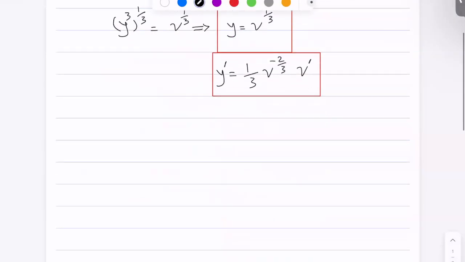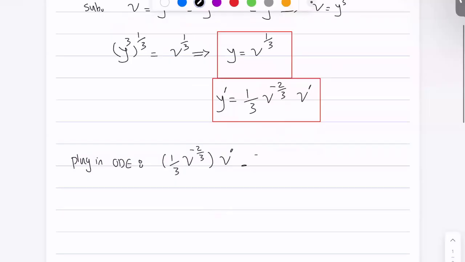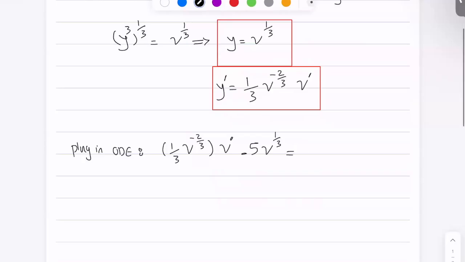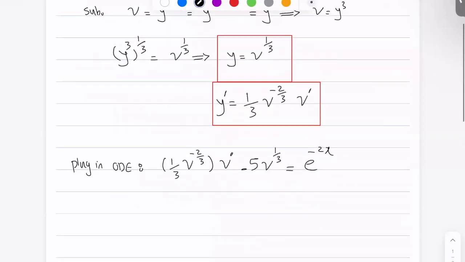First we have y prime, which is 1/3 v to the negative 2/3 times v prime, minus 5y, so minus 5v to the 1/3, equals e to the negative 2x times y to the negative 2, which is v to the negative 2/3. All right, so now this is our new ODE.